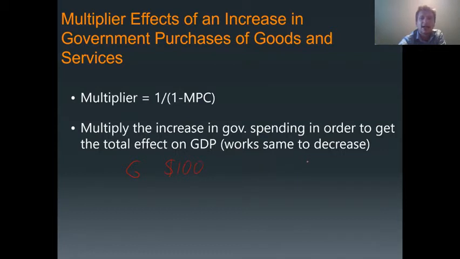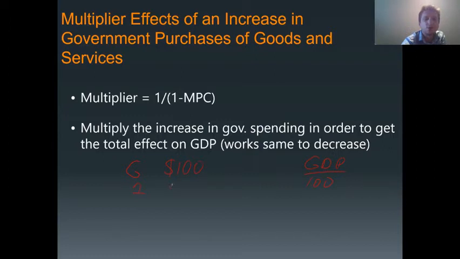So that adds $100 to GDP. That $100 eventually ends up in the hands of multiple people who then can choose to spend or save it. For simplicity's sake, we're going to say it all goes to a single person. So the government buys the tank from person one.